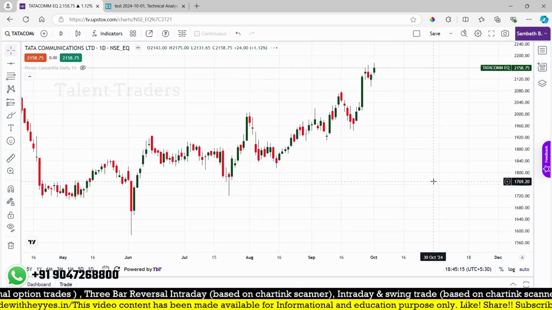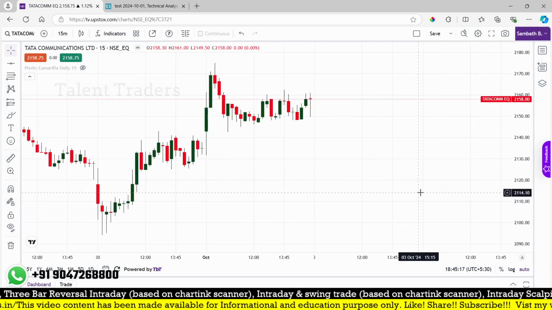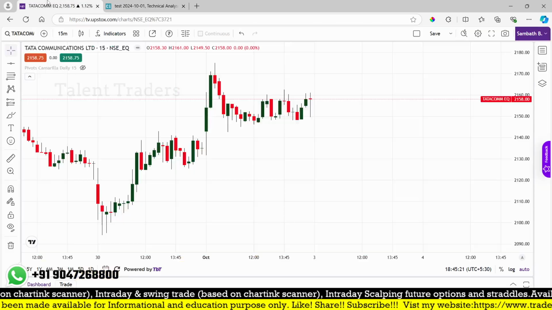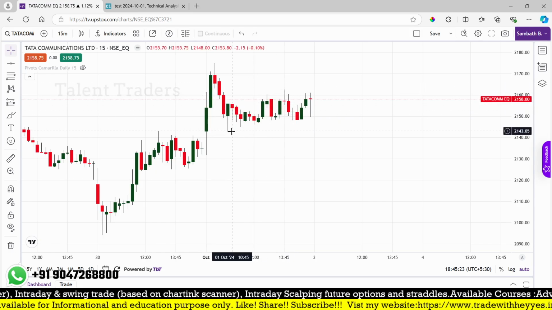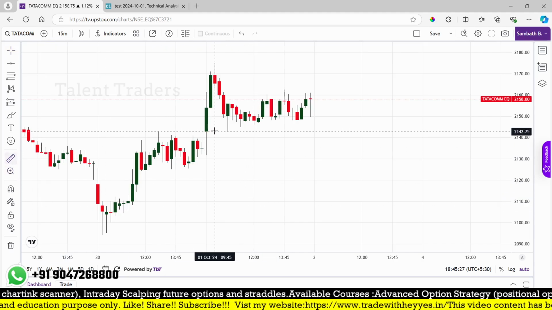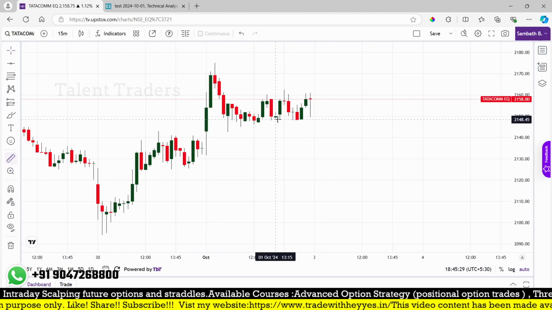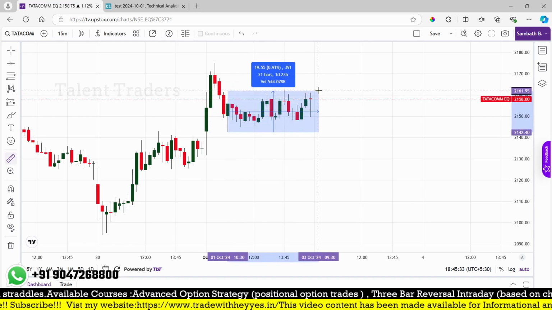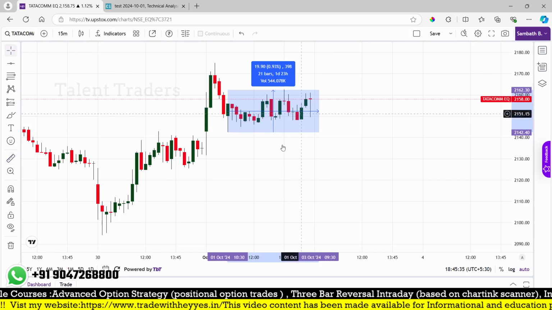Like this, you can make a consolidation. It's a 15 minutes time frame. So the last how many candles, we have mentioned 20 candles. So in the last 20 candles, it was trading up to this level. So it is trading in between 1%.